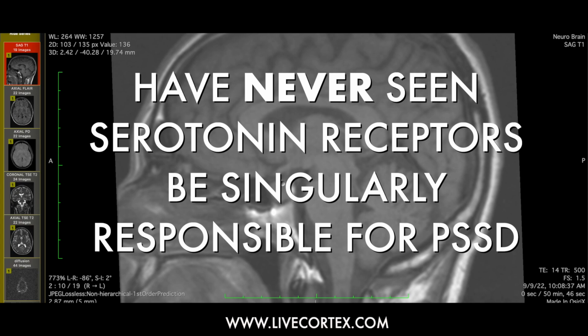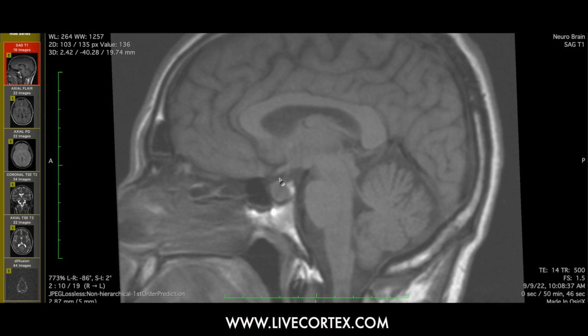In the very beginning, when I started working on PSSD with clients, that was the prevailing theory. And I very quickly ruled that out, because it should be the case that if you antagonize the receptors, then you should be able to resensitize them and stop the potential auto-inhibition from happening on the presynaptic side.